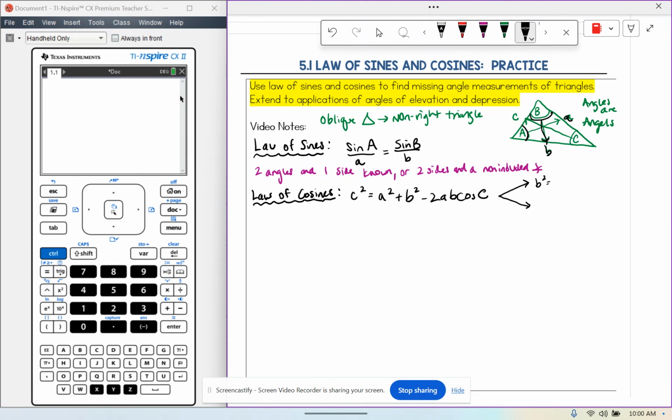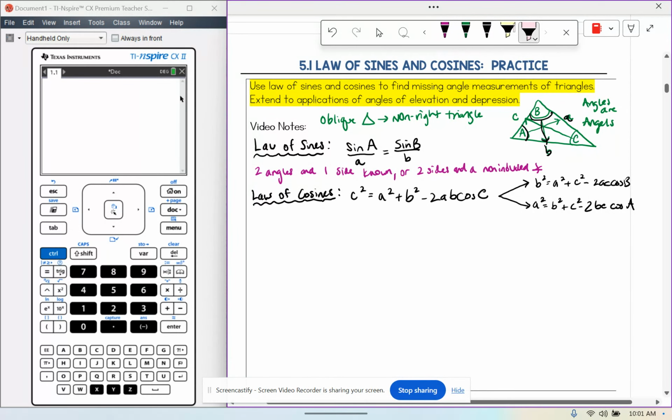You could see it like this: b squared is equal to a squared plus c squared minus 2ac cosine of B. Or let's say you have a squared is equal to b squared plus c squared minus 2bc cosine of A. So these are all going to depend upon the side lengths and angles that you do have and the sides across from them that you may or may not have. That's going to be the version that you select. This is the general one.